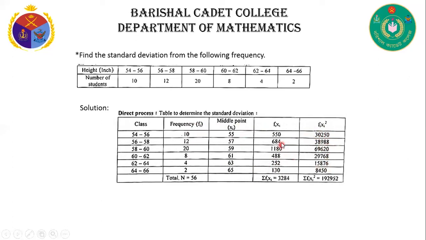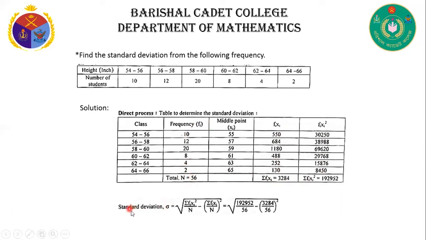Now the sum of the data is equal to 192952. Here summation means the sum of the given data, and capital N means the sum of the frequency.